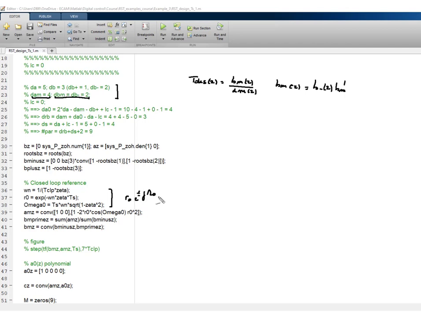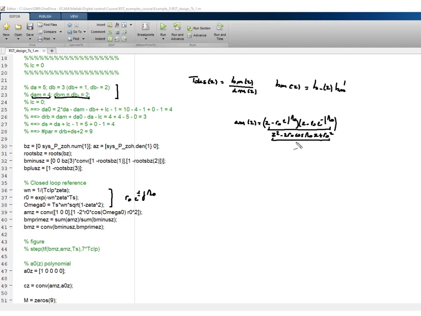discrete time poles, right? So now we know that AM(z) will be (z - r0 e^{jω0}) times (z - r0 e^{-jω0}). This is z² - 2 r0 cos ω0 z + r0².